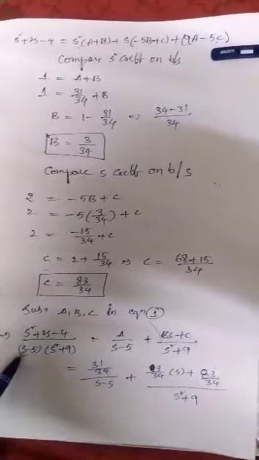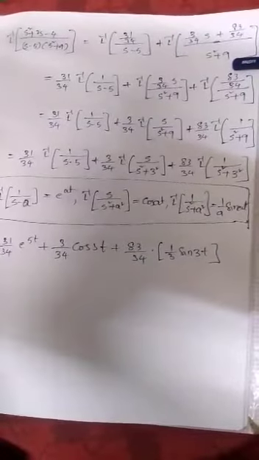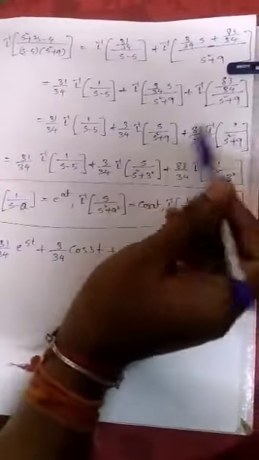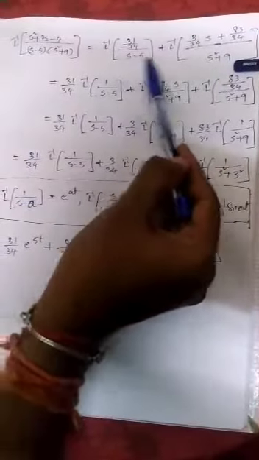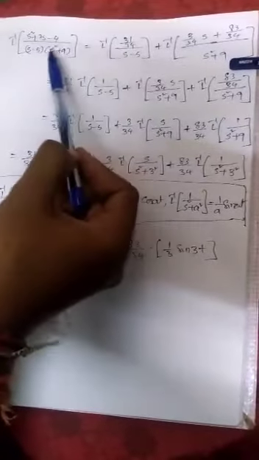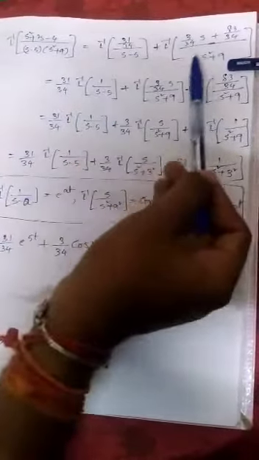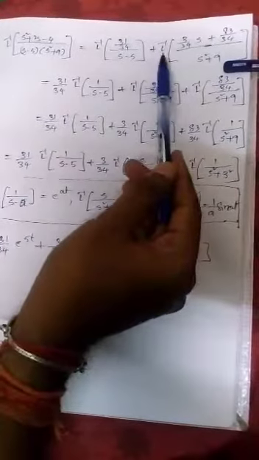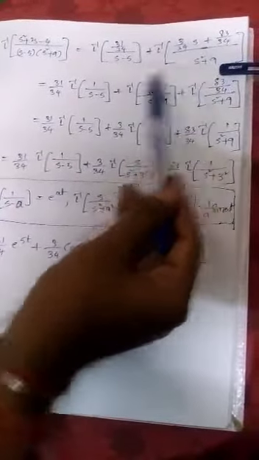Now apply Laplace inverse for this function. By substituting ABC values we will get this step. Now apply Laplace inverse for that function. So you will get this type. Then apply Laplace inverse for these terms separately.